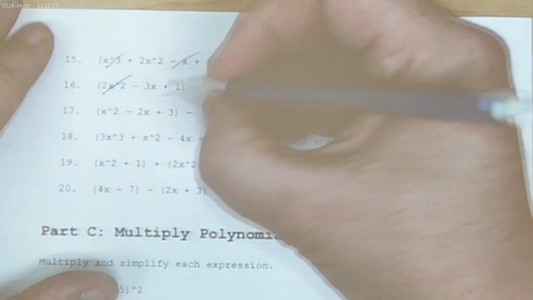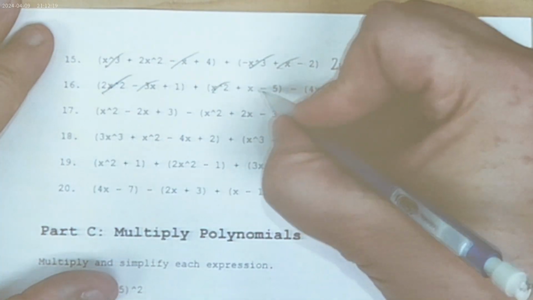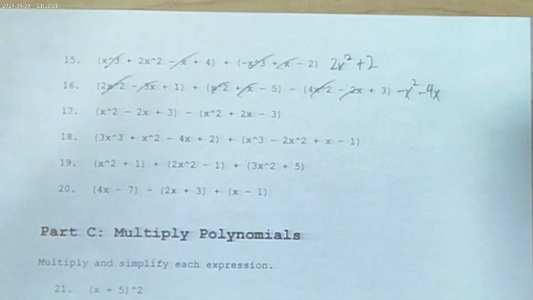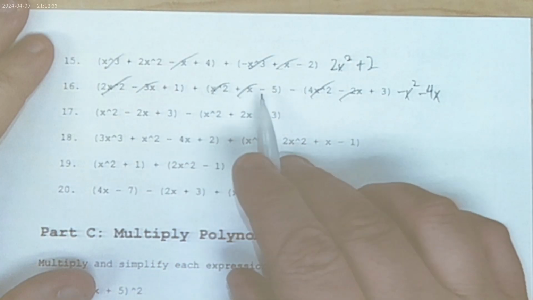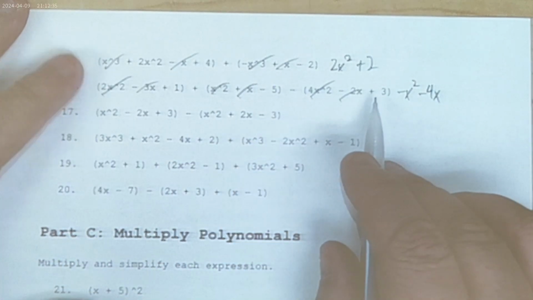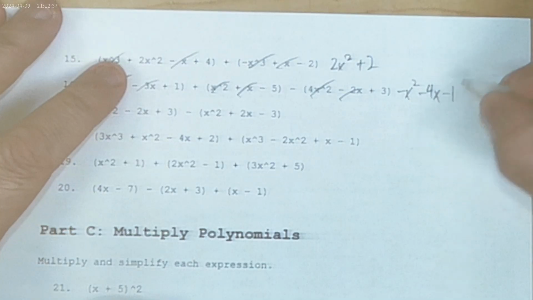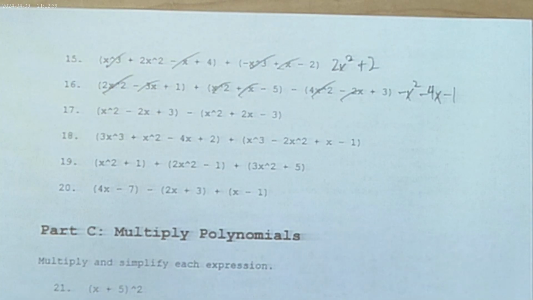Like I said, I am focusing on the addition, because that's really all I'm doing, just concentrating on the addition as a way of focusing on the work. Then I've got 1 minus 5, which is negative 4, plus 3, which is negative 1. And there we go. That is our answer.